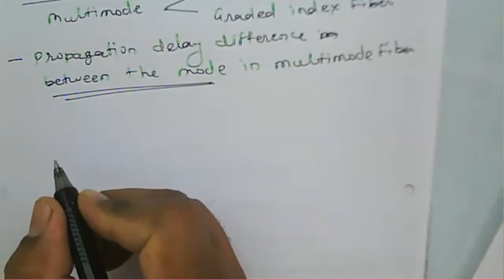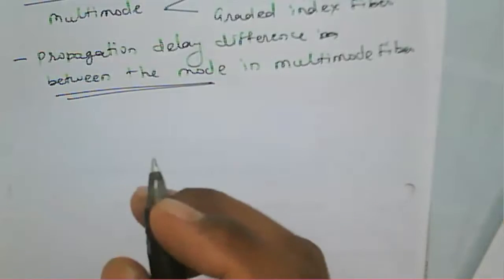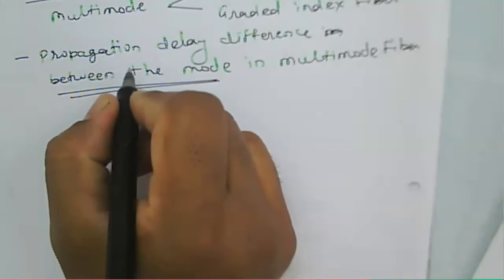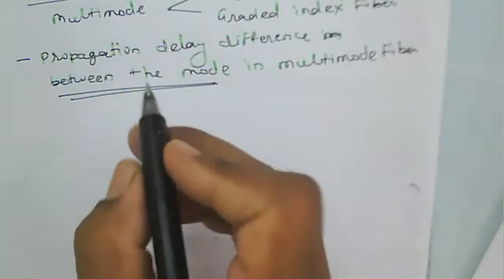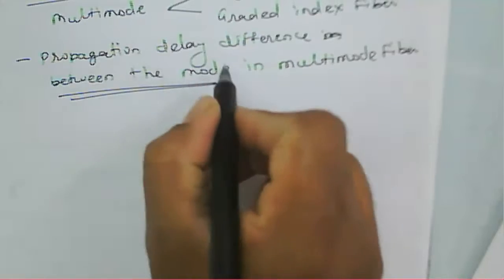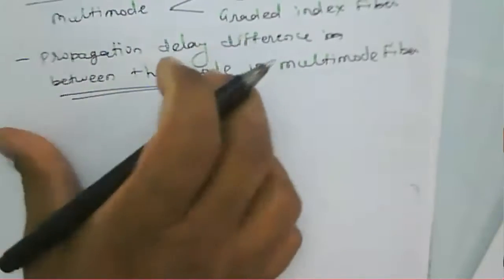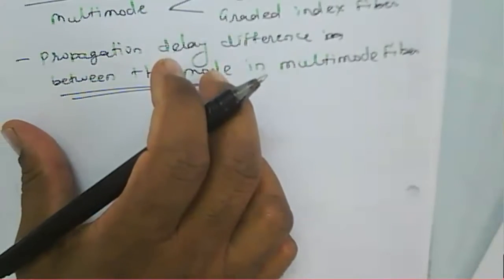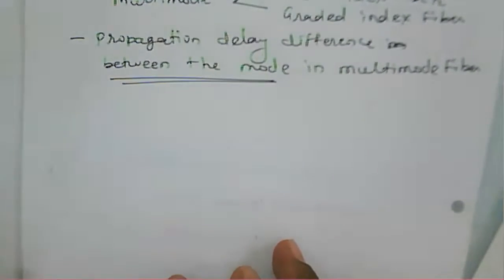Now, why does this pulse broadening occur? Because there is a difference of frequency components as well as a difference of modes here.